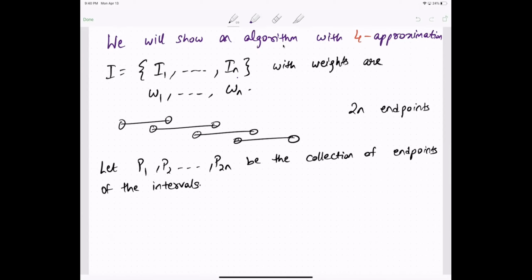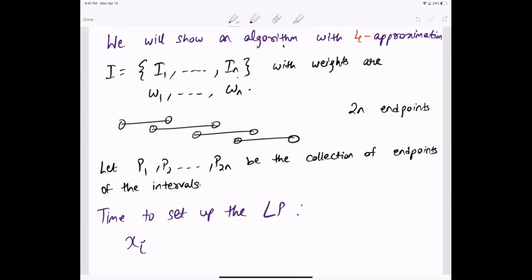Okay, so now time to set up the LP. Again, by LP, I mean the linear programming formulation.